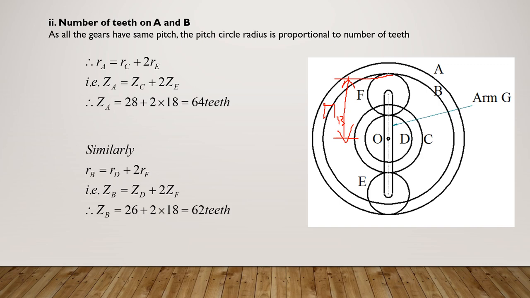So here RD plus 2 times RF. So that relation is written here, 2 times RF. Since the proportionality relation is there, ZB is equal to ZD plus 2 times ZF. Substitute the given data, the answer is 62 teeth. So A is having 64 teeth and B is having 62 teeth. Okay, this is how you have to calculate the number of teeth.